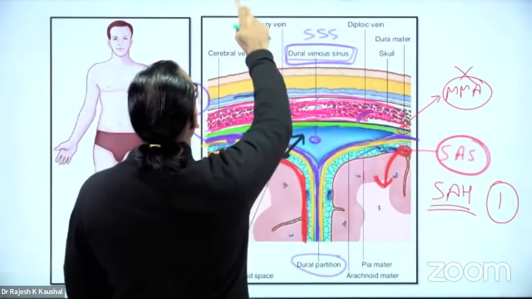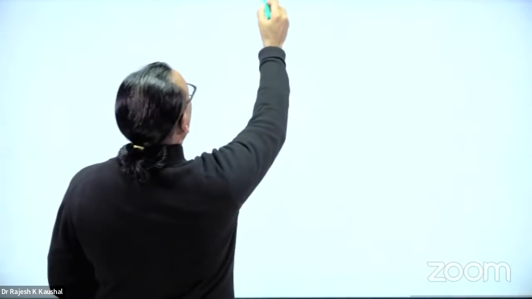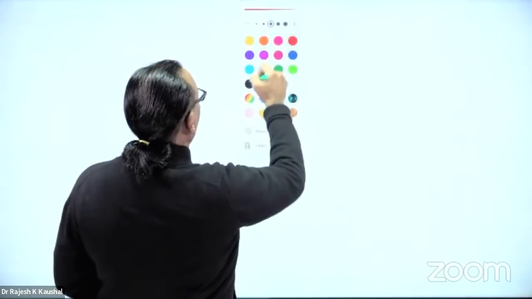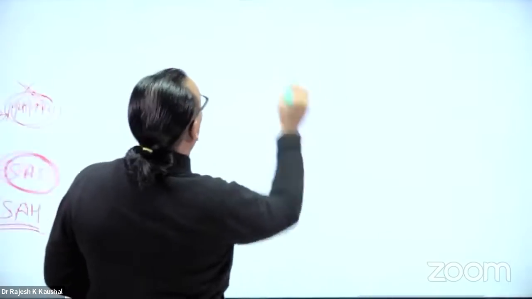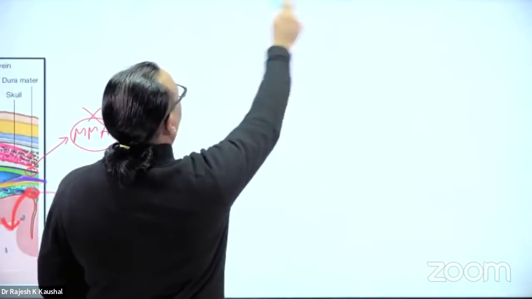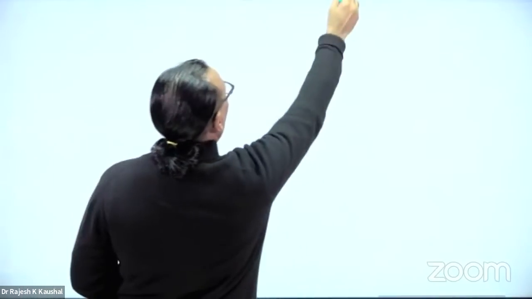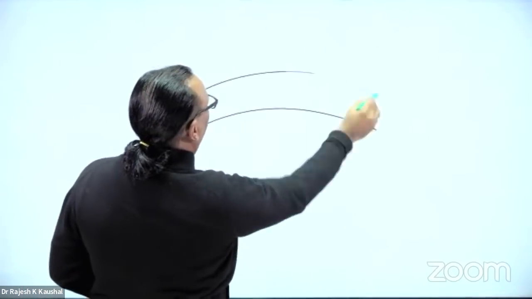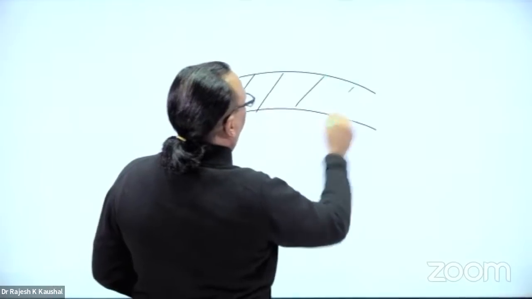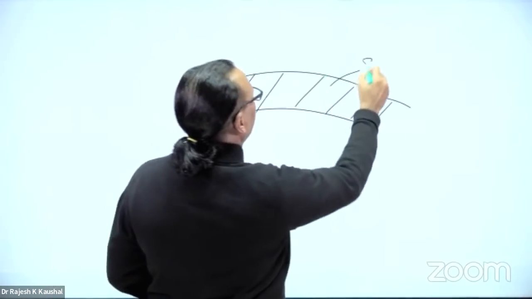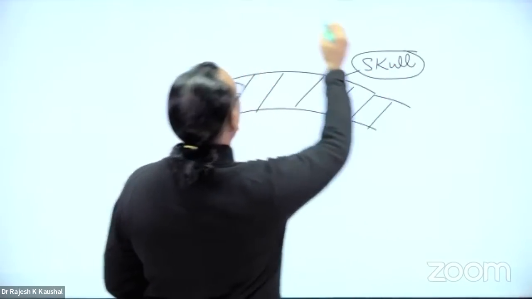I can actually quickly draw one diagram also if you wish. Say this is the skull bone here. Now, if that is the skull, then what is deeper to that?